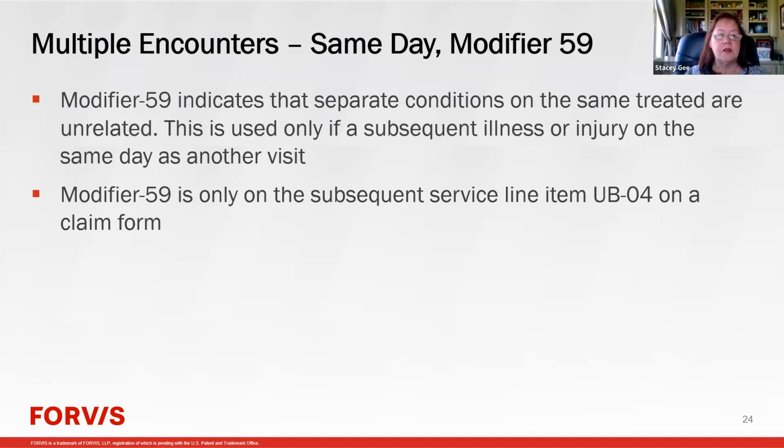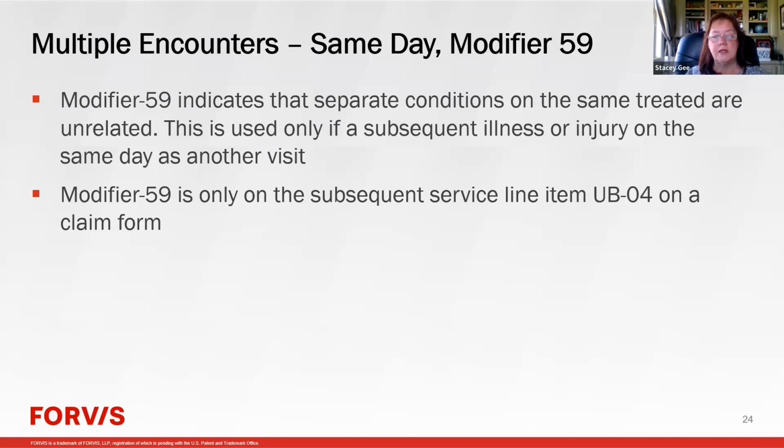Okay, so let's talk quickly about multiple encounters, same day. Modifier 59 indicates that separate conditions on the same treatment day are unrelated. The example that we like to use is I come in the morning for just a routine, regular medical visit.